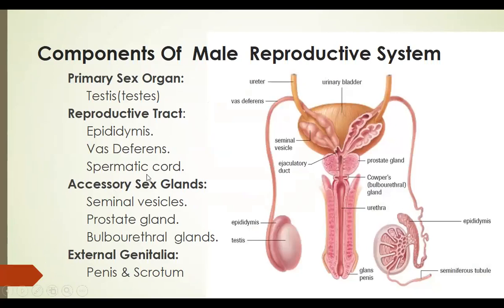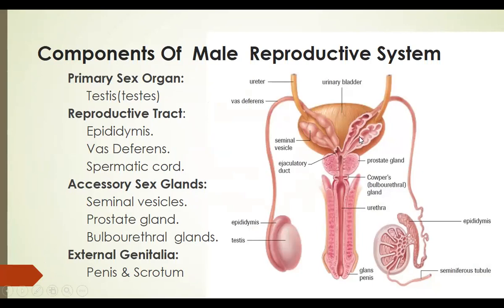Then coming to the accessory sex organs or the secondary sex organs, those are the seminal vesicles. Sorry, the seminiferous tubules you can see will be within the testis, so it is part of the primary sex organ. So the accessory organs will be the seminal vesicles. These are the seminal vesicles.